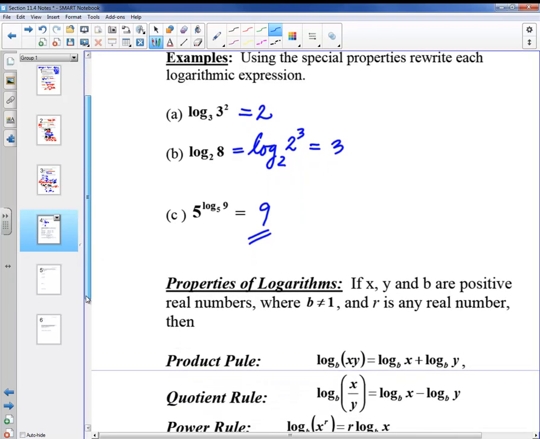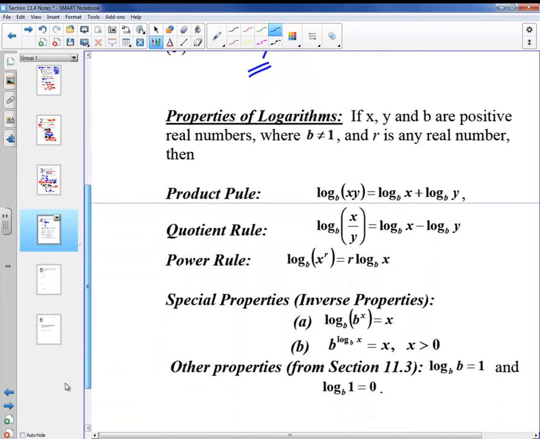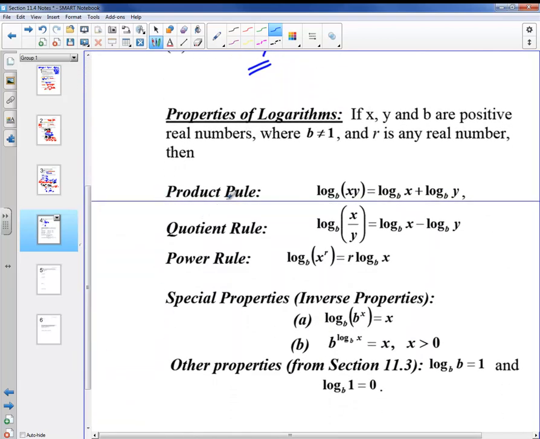Now here's a summary with all the properties. You have the product rule. Remember, that's the log of a product. It changes it into the sum of two logs. Quotient rule is the log of a quotient or fraction that changes into the difference of two logs.